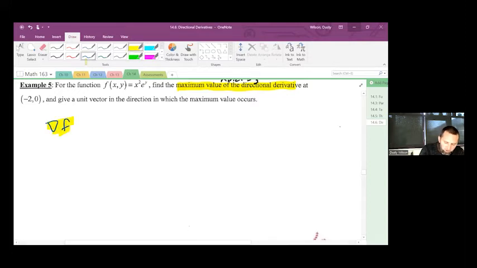So our gradient will be equal to the partial with respect to x, which is 2x e to the y, comma, partial with respect to y, which is x squared e to the y. And in this case, we are continuing to evaluate at a given point. So we care about this at -2, 0.